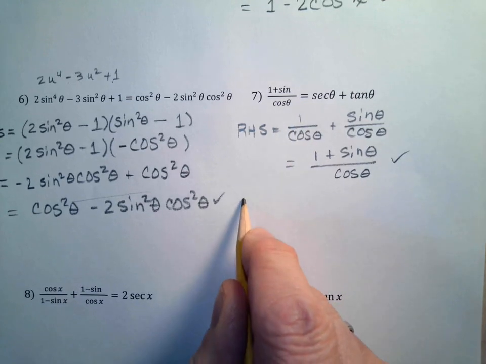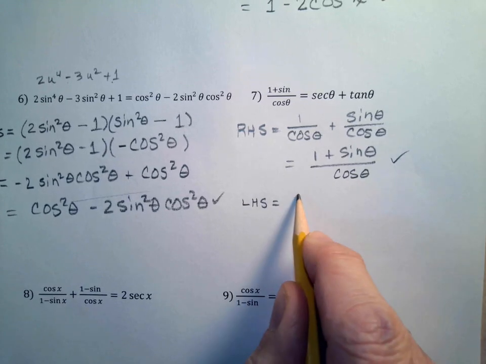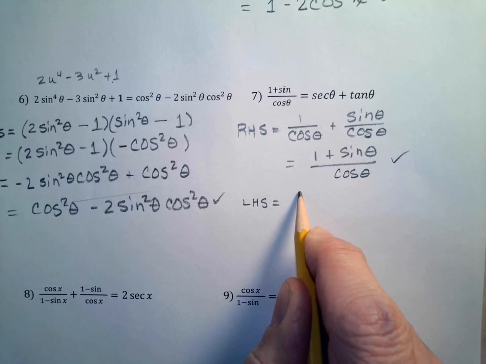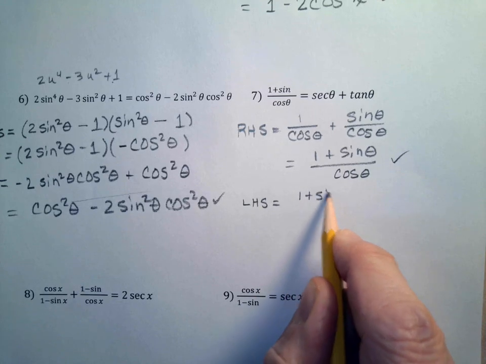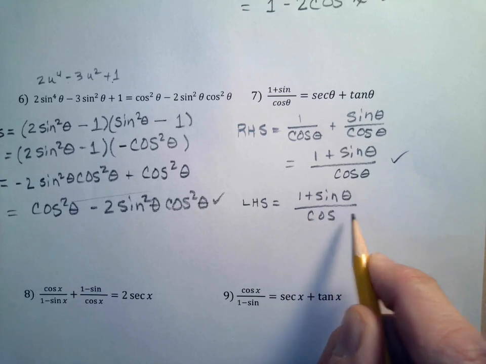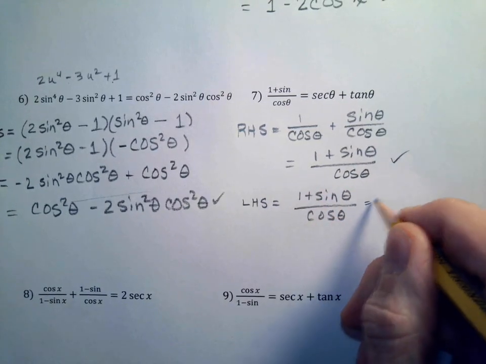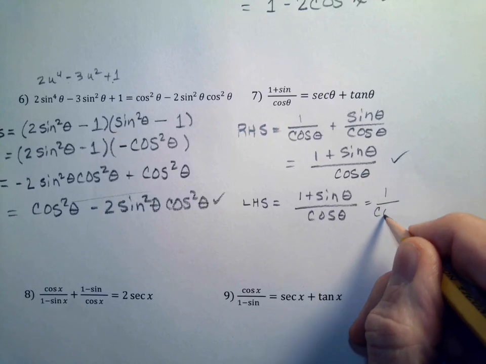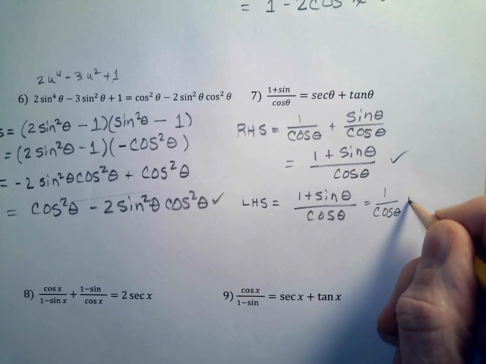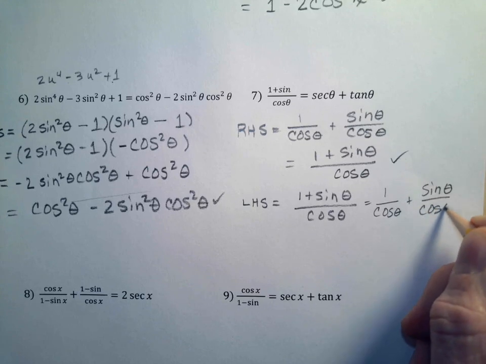All right, if we start with the left-hand side, we would do 1 plus sine theta over cosine theta. Well, I could break that into 2, right? So that's 1 over cosine theta plus sine theta over cosine theta.